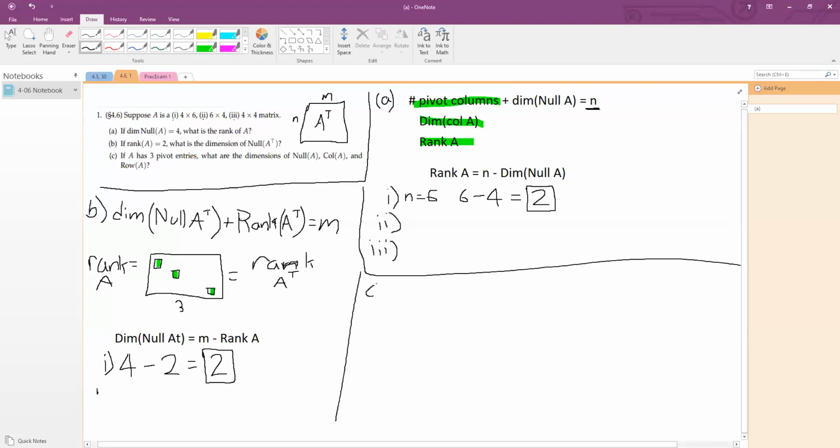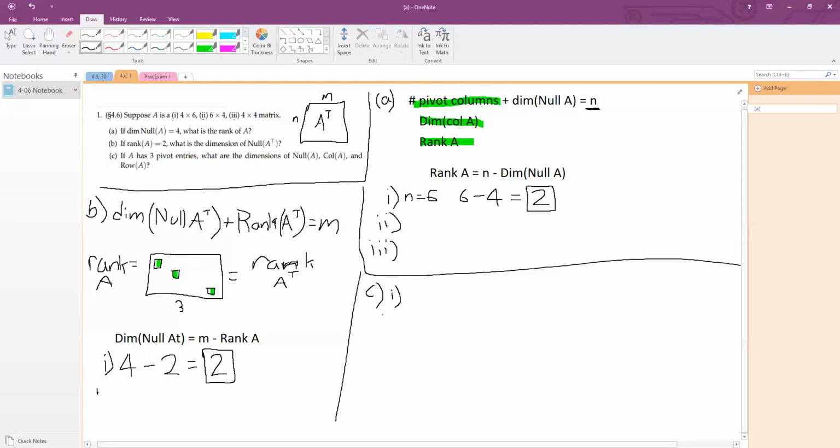All right. Now for C, the last one. If A has 3 pivot entries, what are the dimensions of the null space of A, the column space of A, and the row space of A? Okay, so let's work it out. So the matrix is a 4 by 6 here.